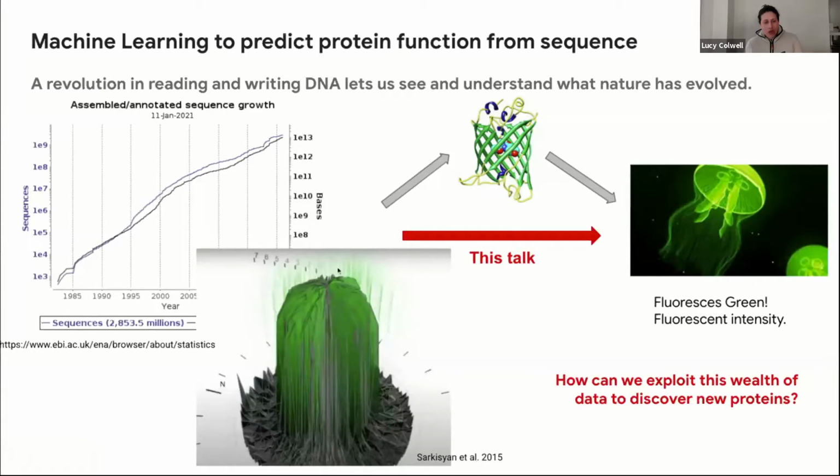In terms of measuring function, however, we're considerably behind being able to determine sequence. There are a few canonical large data sets where people have measured the function of thousands of proteins. I'm showing here an illustration of the landscape of fluorescence intensity of GFP that was measured by the Kondratyev group back in 2015 or 2016. Here the wild type sequence is right at the center, and you can see that as you make mutations to that sequence and move out, the function typically drops off.